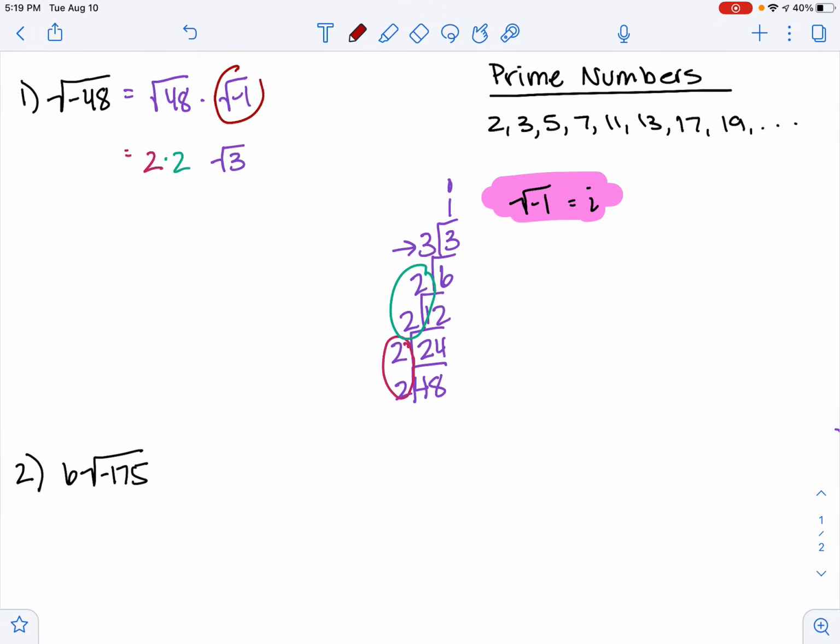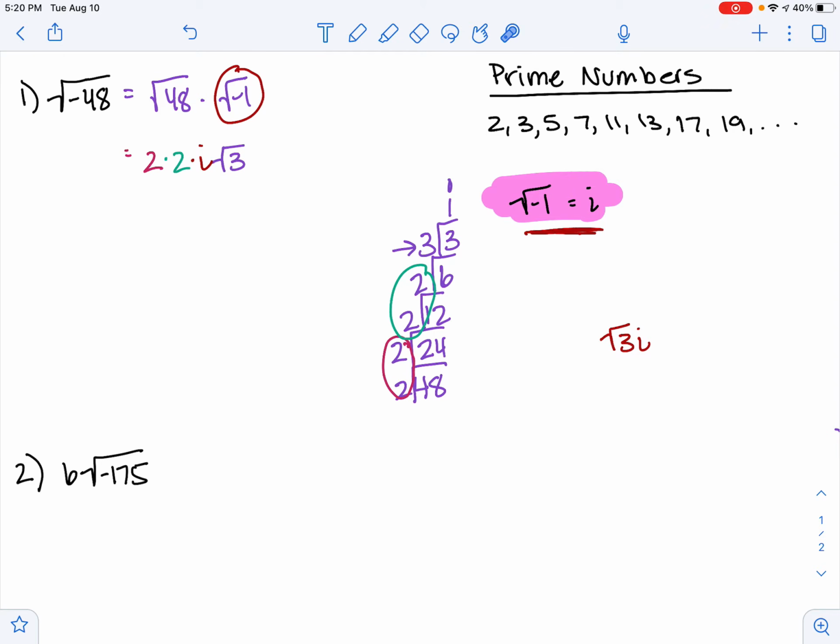We also have to deal with that square root of -1. We know that the square root of -1 is i. Now you'll notice that I put the i before the radical. And that is because when we write our answer, if I were to have the answer square root of 3i, it's really hard to tell if that i belongs underneath the radical or not.